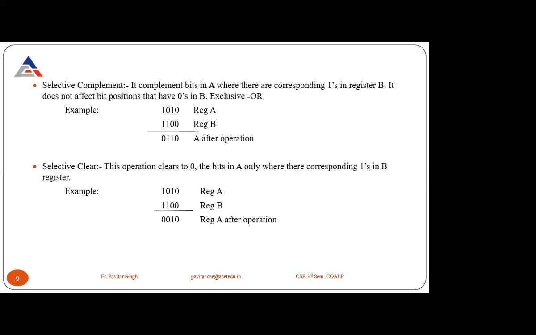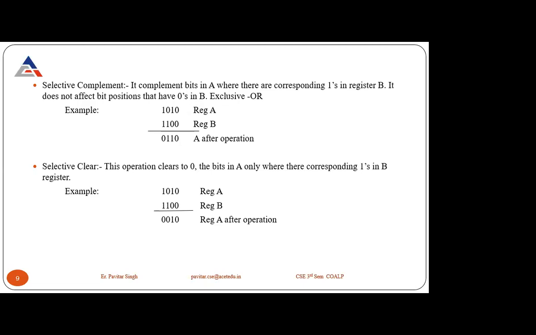So here you will have to clear those values of A where there is 1 in B. Here you will find that we have 2 ones, at the second location and fourth location, and you will have to make the corresponding bit 0 only, right? So for 0 no change.